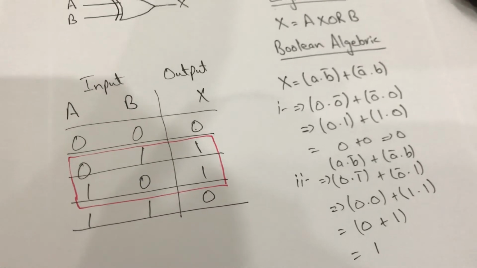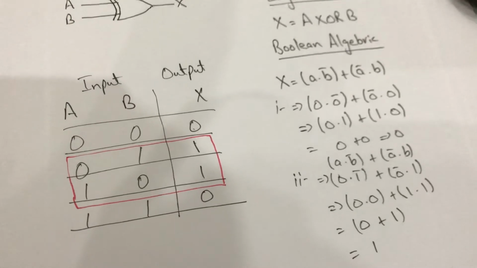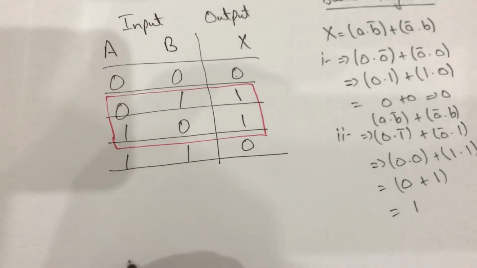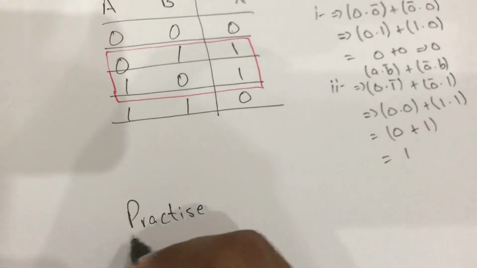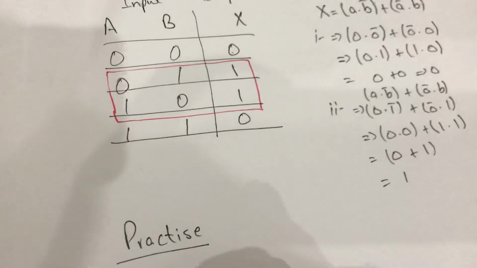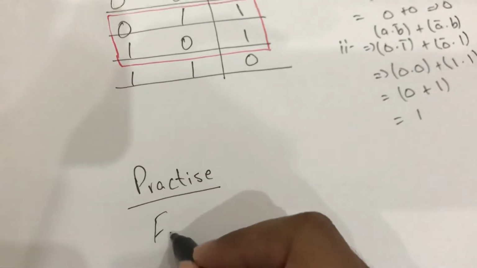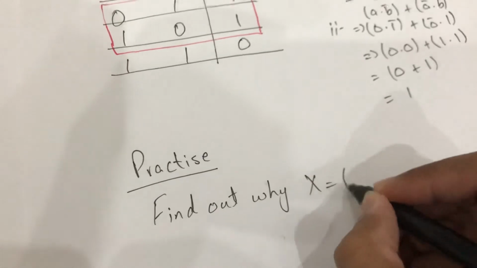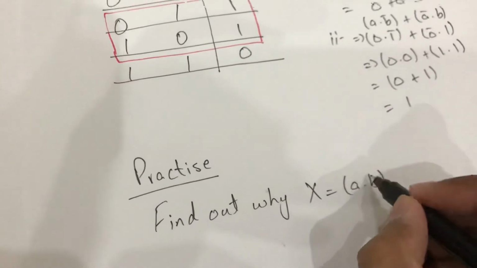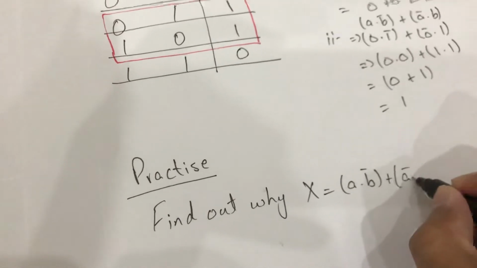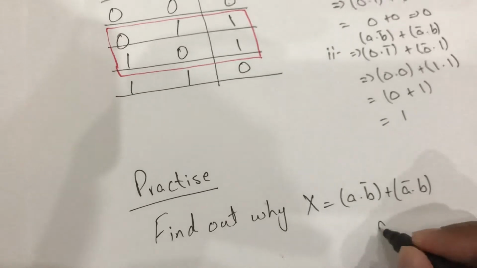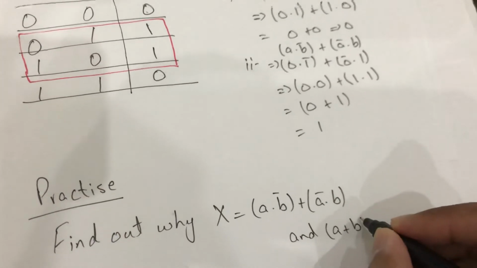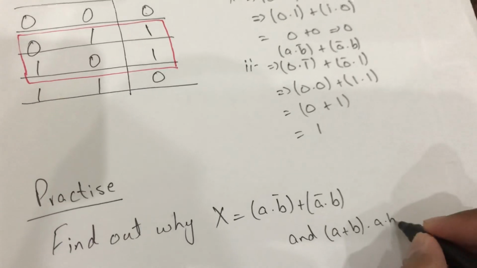Now I am giving you a practice question. You have to prove that both of the expressions have the same value. So for your practice, find out why X is equal to A dot B bar plus A bar dot B, and A plus B dot A dot B complete bar.